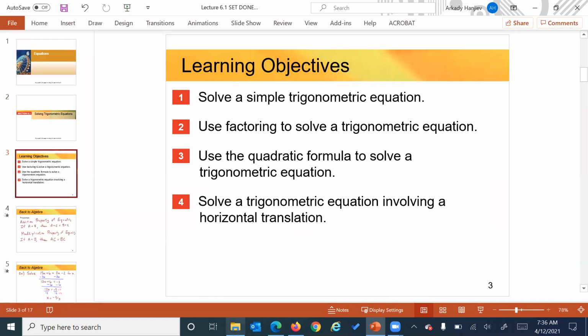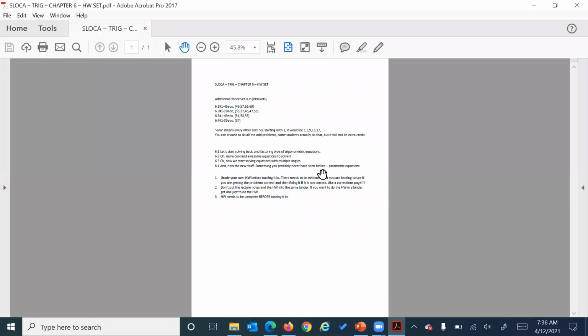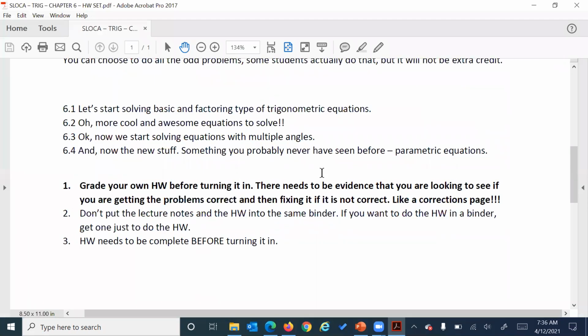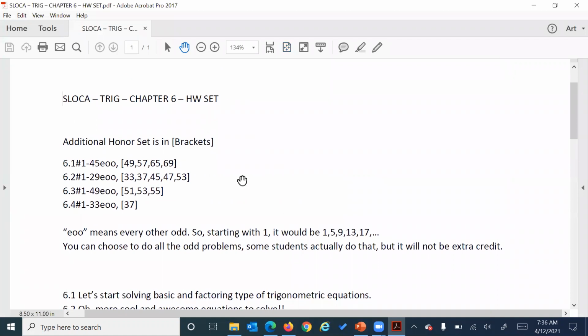Let me jump to this one. Let me show you. There it is. Let's do this one together. Okay, so homework sheet. There's only 4 sections here, so we should be able to cover it kind of quickly. Oh, it's the dread for some others.